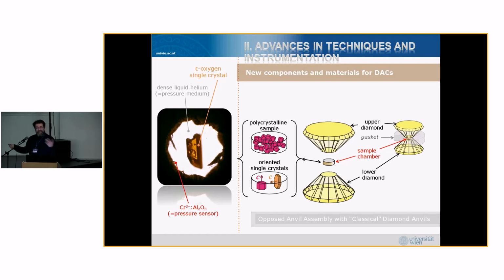So you have exactly the situation that you like. A single crystal of solid oxygen, embedded in a fluid that acts hydrostatically and gives you a pressure distribution in a way that there are no gradients existing.